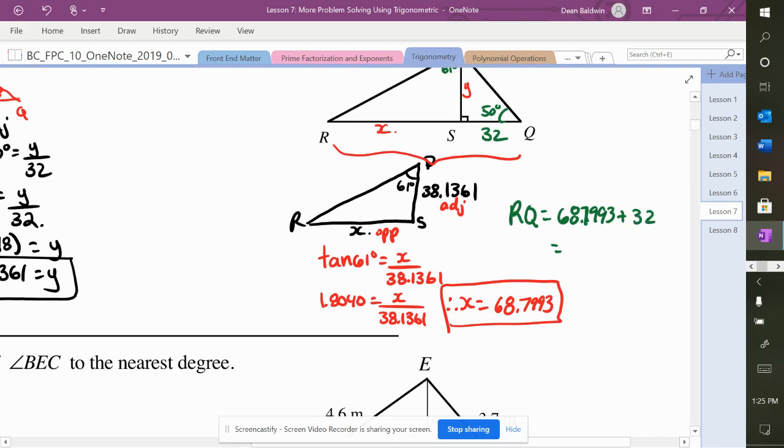Should be 80. Whoops. 80.7993. Or sorry, 90. No, it's not. It's 100. Wow.